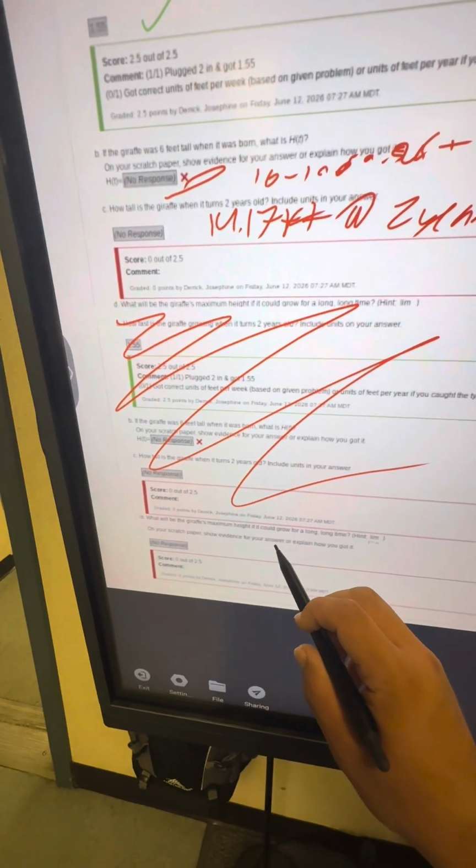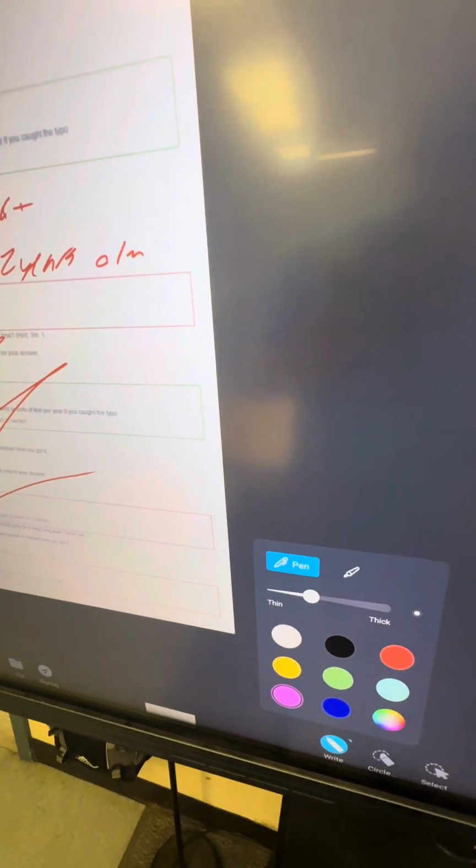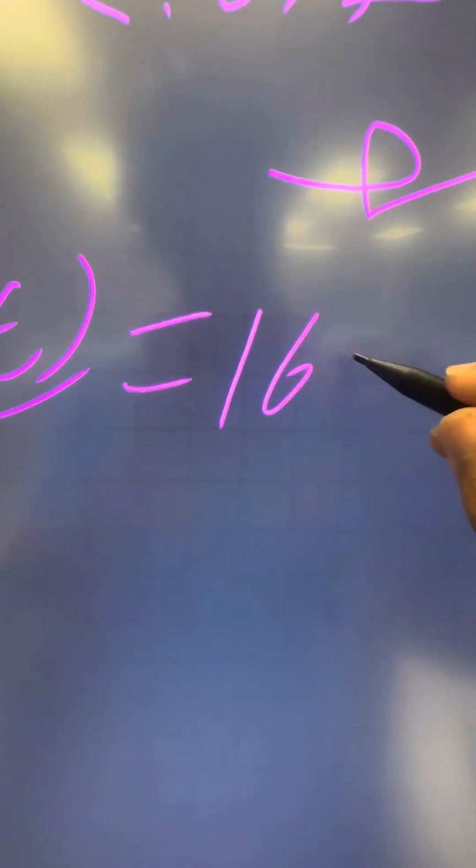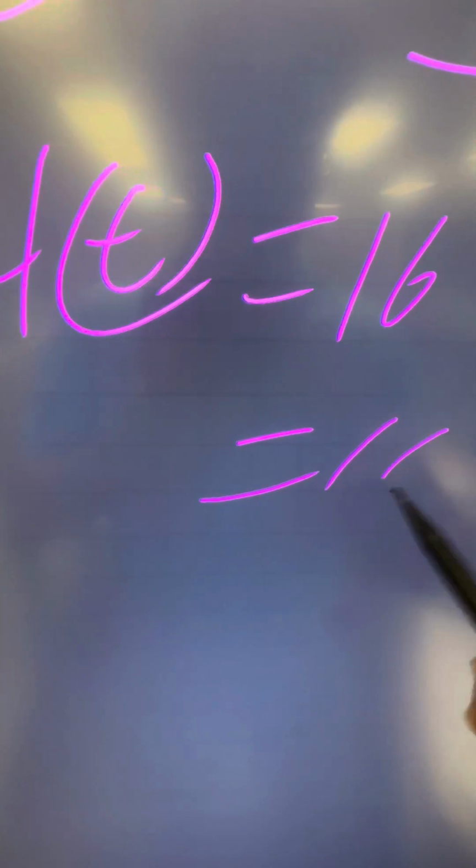This is what will the giraffe's maximum height be and how long will it grow to? Well, for maximum height, put T to infinity on this one. So then that would mean e to the negative 0.85 T would become 0. So it's going to be H(T) equals 16 minus 10 times 0, which equals 16.